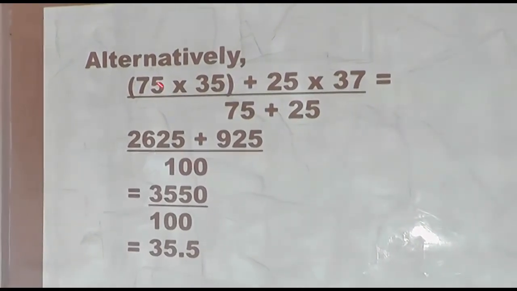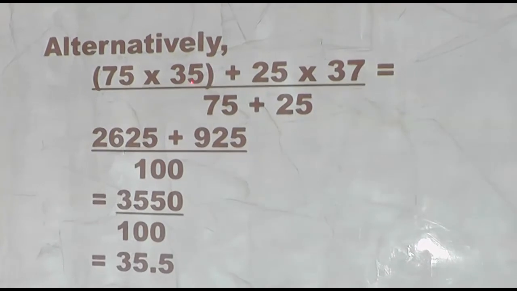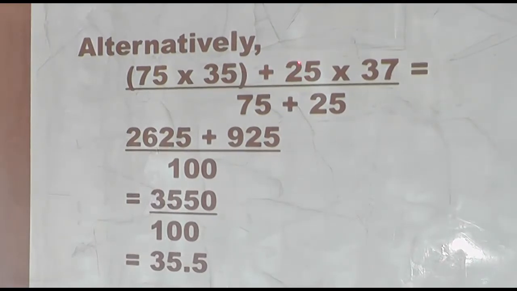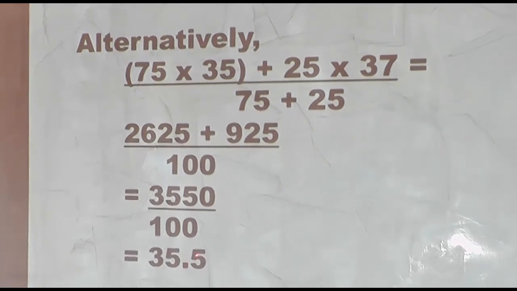You can also find the solution to this problem by using this method again, still on the percentage abundance. The percentage abundance of the first isotope multiplied by the atomic mass enclosed in a bracket, plus the percentage abundance of the second isotope multiplied by its atomic mass also enclosed in a bracket, divided by the summation of the percentage abundances, which gives us 2625 plus 925 divided by 100, which is equal to 3,550 divided by 100, which gives us 35.5.